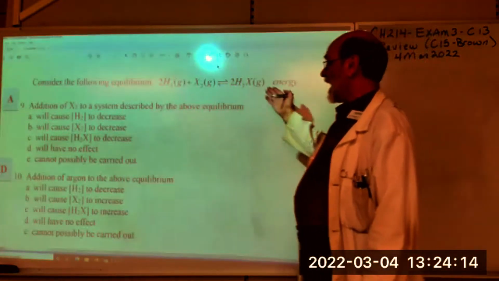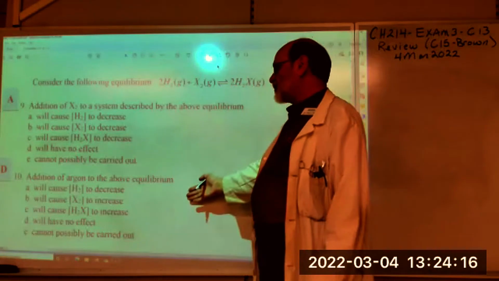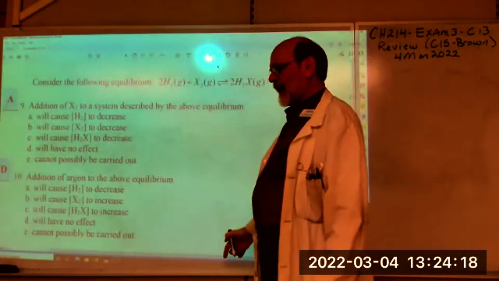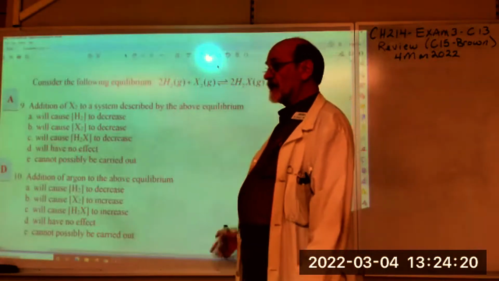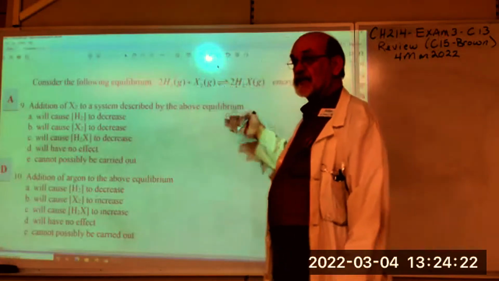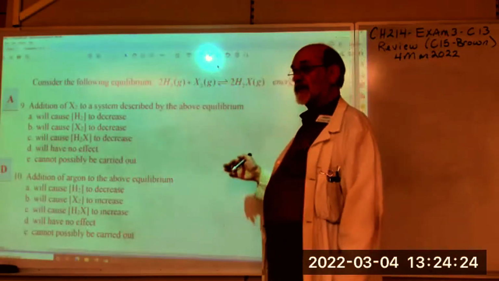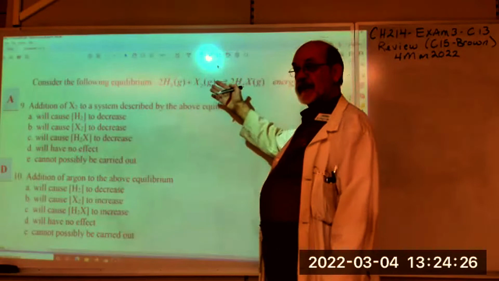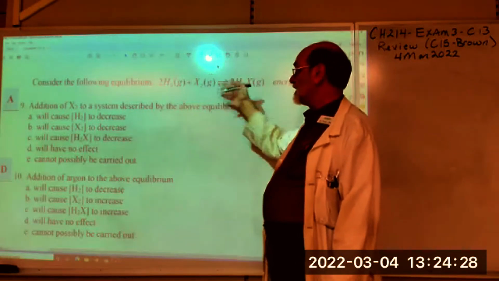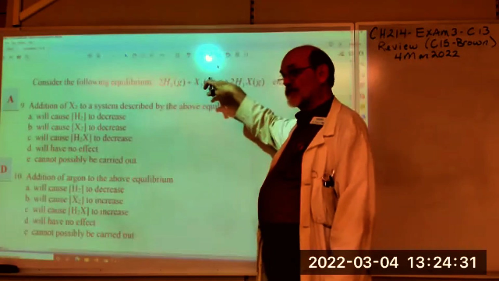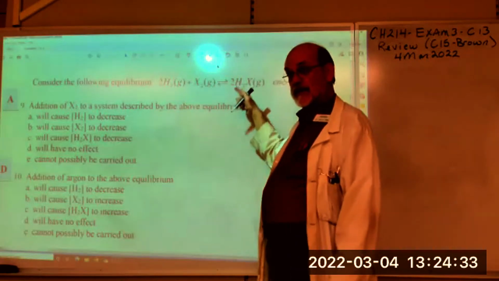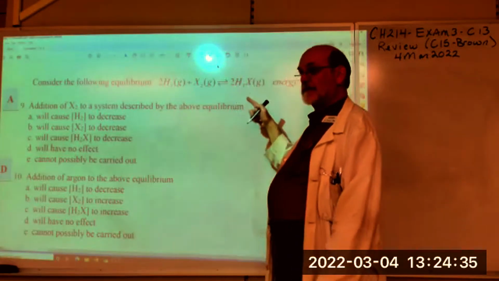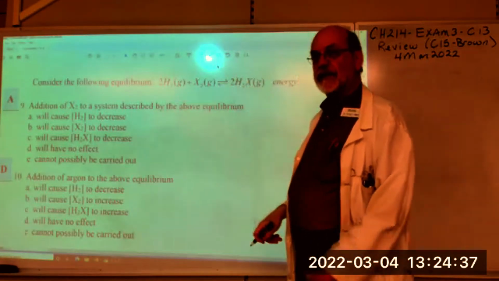We could add any other gas. We choose inert gases simply because we're guaranteed they're not going to react. But you could add some other gas in there, and if it had no ability to react, if it wasn't coupled in any way, then it would have no effect on the outcome.